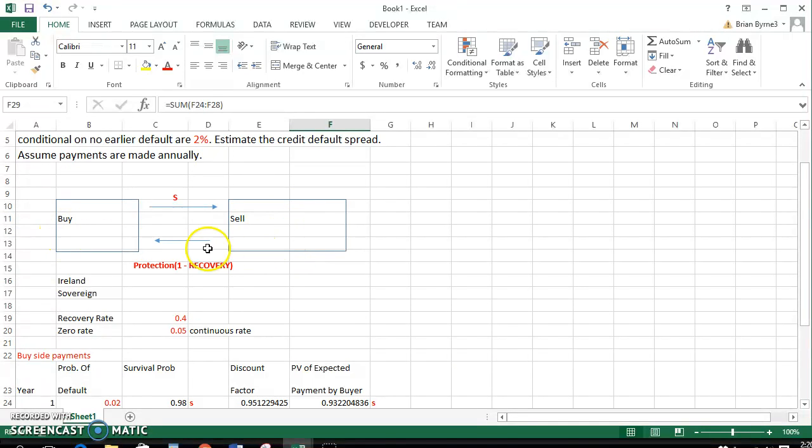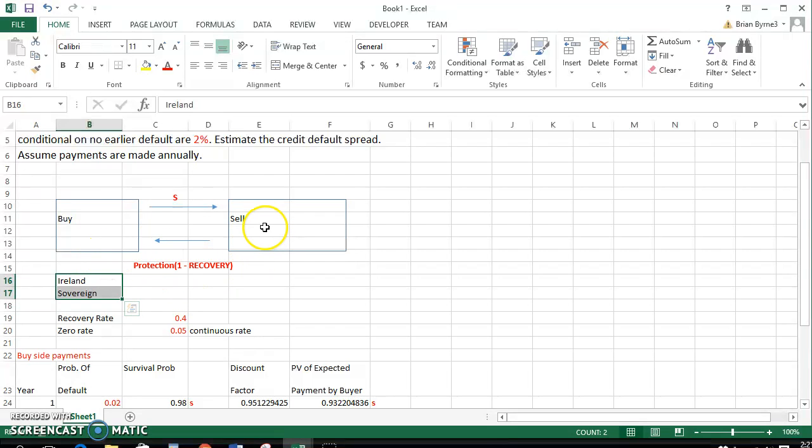But what does the seller give in return? Well, it gives a guarantee that in the event of default, the seller will commit to paying whatever amount the reference asset is underwater. So if the reference asset is trading for 40 cents in the euro or 40 cents in the dollar, the seller is prepared to make up the other 60 cents.